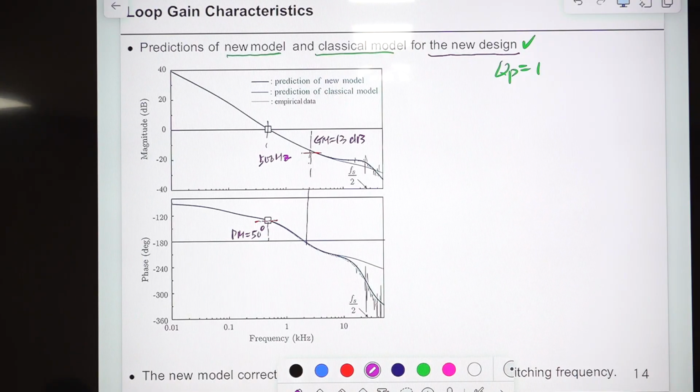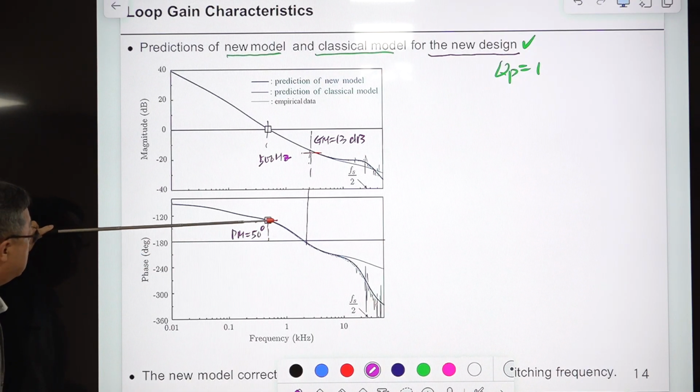This is a boost converter. So the boost converter is inferior to the buck converter in many cases because of the presence of the RHP zero. And the phase margin is something like this, less than 50 degrees. I didn't watch carefully here, but you can anticipate.